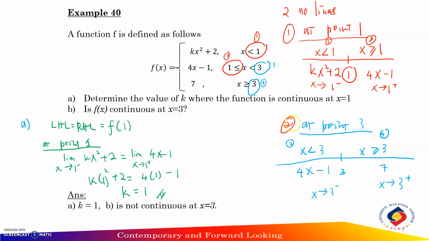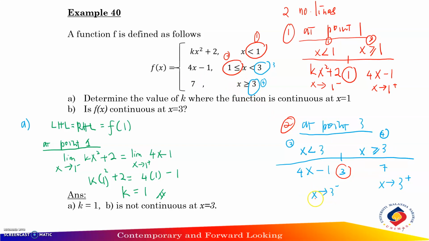The second number line is at point 3. As you can see, for x less than 3, so we are approaching 3, the function here is 4x minus 1. For x greater than or equal to 3, we refer to this part, which is 7.